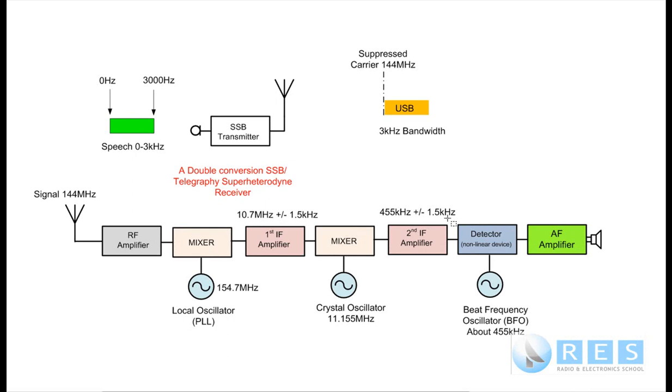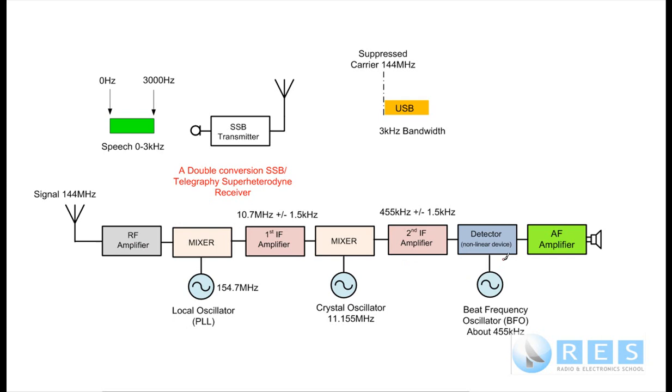If you've just done tutorial number 23, this block diagram should look very familiar to you because I've made very few changes to it. Before we had a double conversion superheterodyne receiver for double sideband, and now we've made some modifications to the circuit for single sideband.